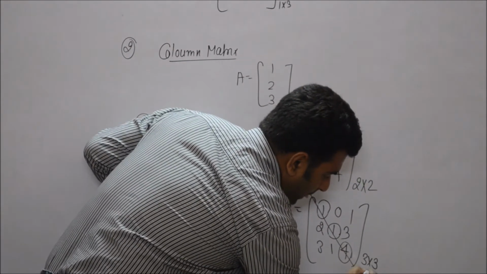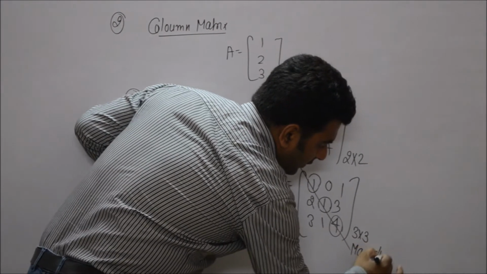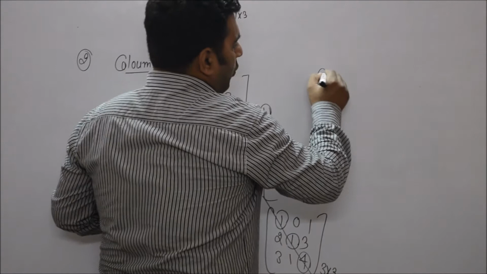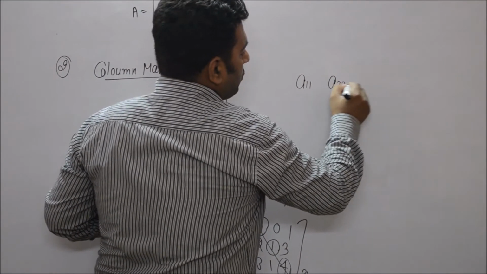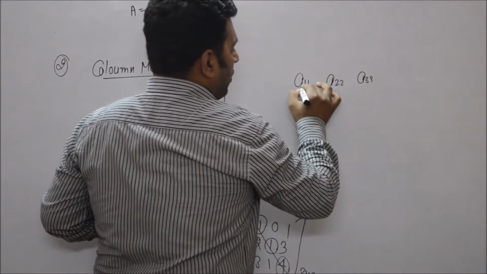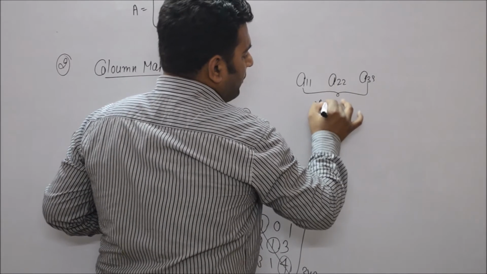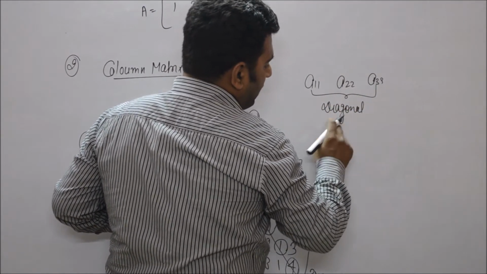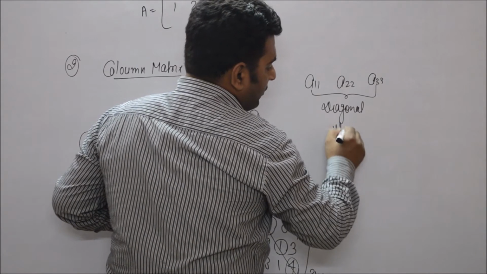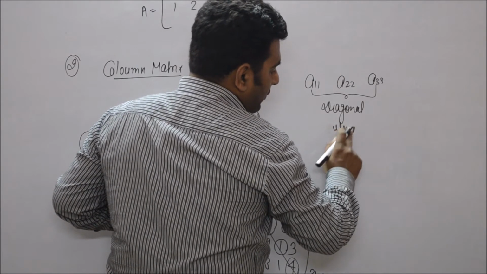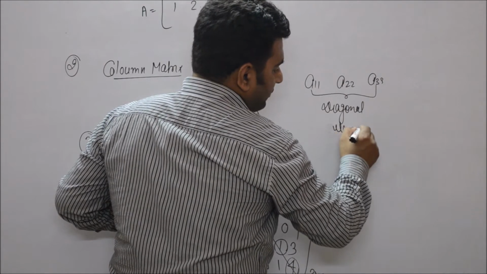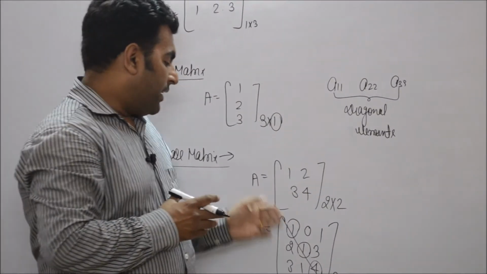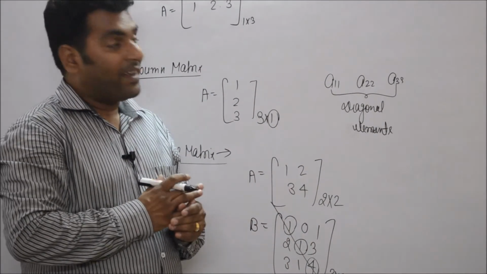So positions like 1, 1, 2, 2, 3, 3 are known as diagonal positions or diagonal elements, and the line which joins them is called the main diagonal.